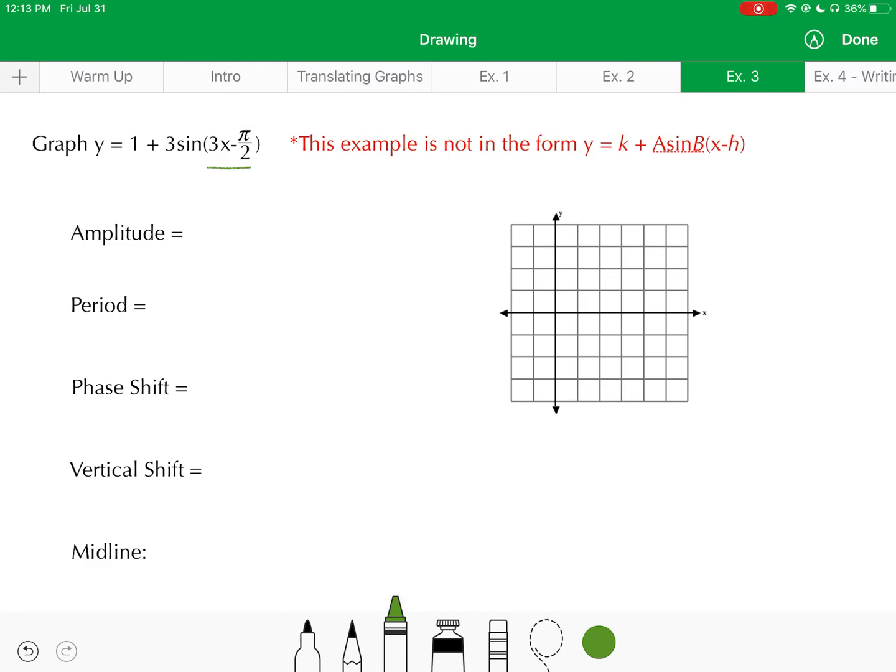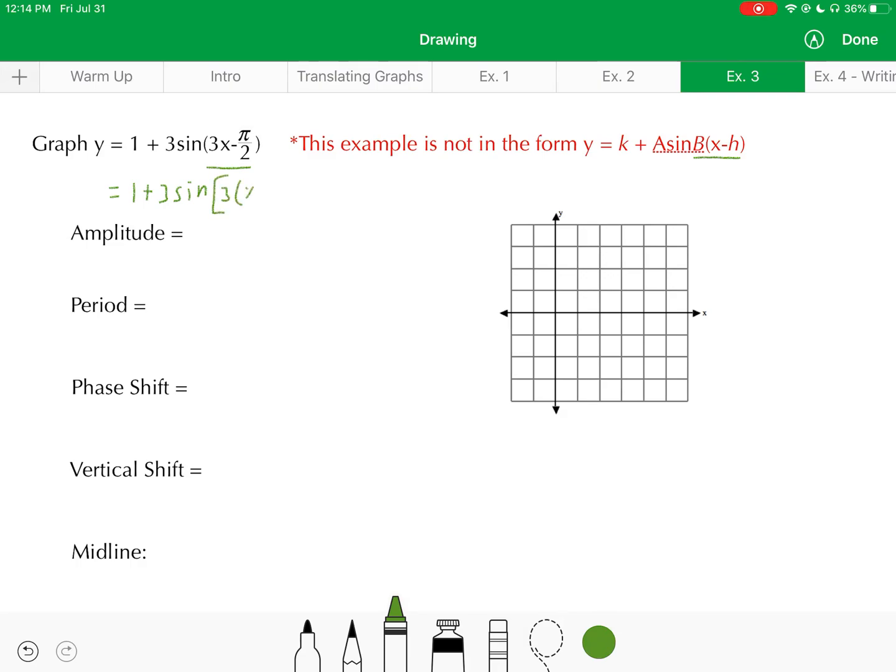We need it to be so that x is being added or subtracted by your number and then being multiplied by the value in front of x, okay?